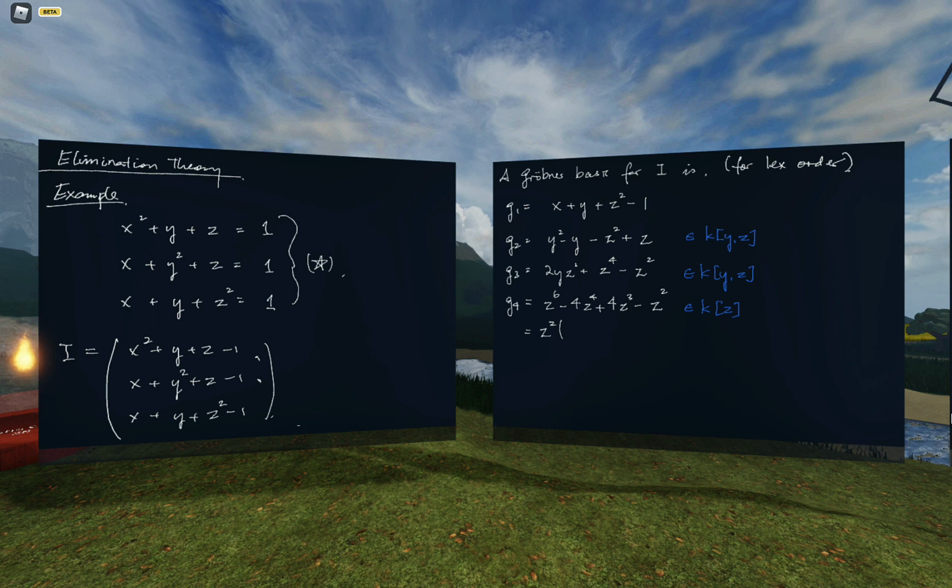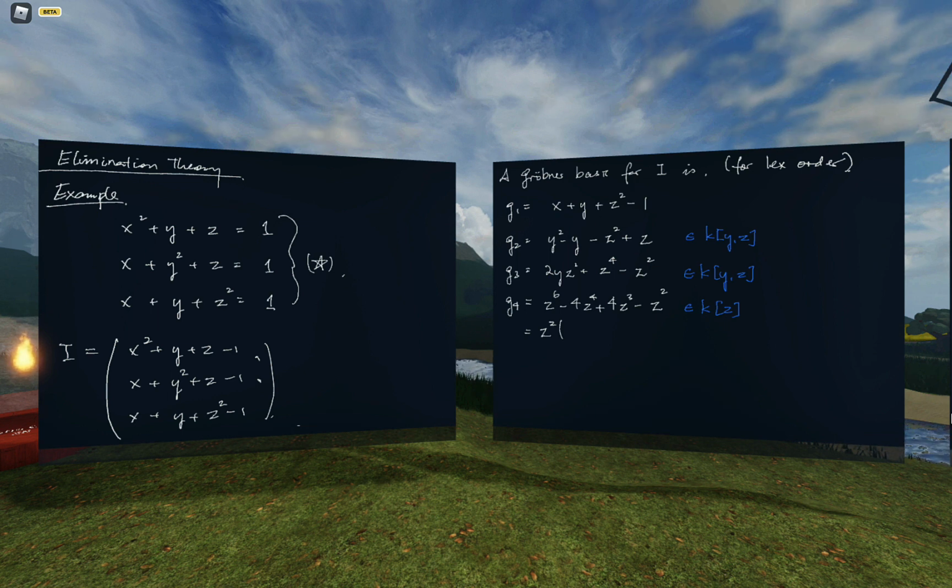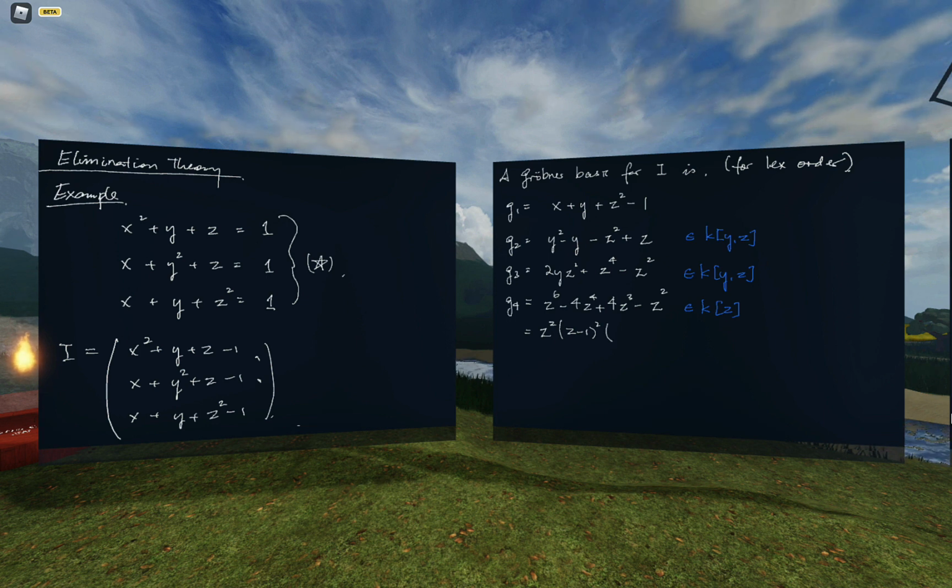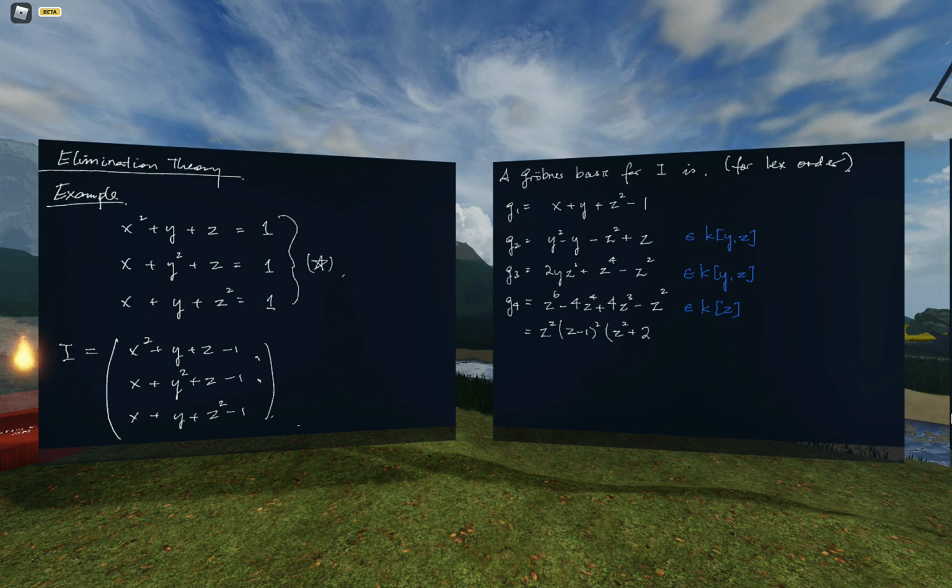Comments? Okay. All right, so let's look at G4, and this example has been cooked up in such a way that we can actually factorize this degree 6 polynomial. Usually, you don't have much of a chance in doing such a factorization. I'm going to try and make my z's look distinct.